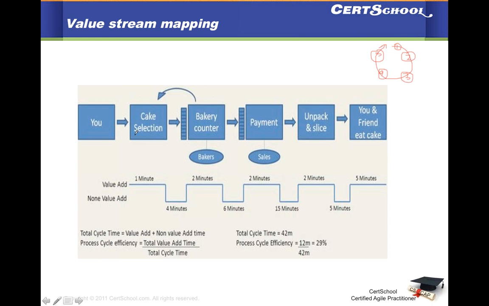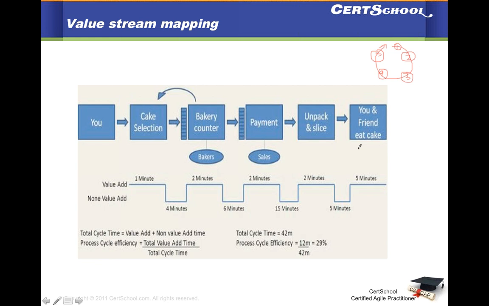You go to a bakery and select a cake. Then you go to the bakery counter, to the bakers, you make a payment, you unpack and slice that cake, and then you eat it with your friend. So that is a simple process.